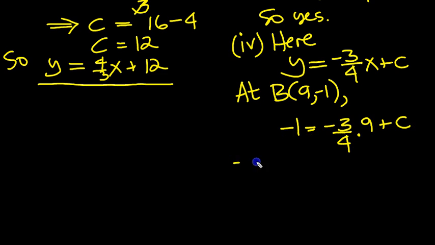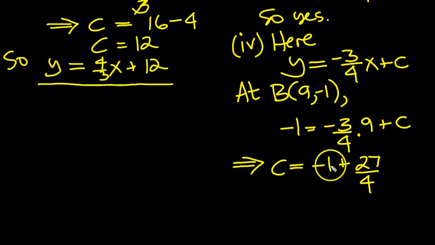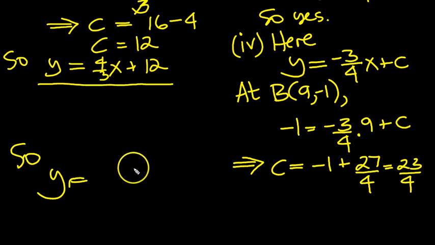So we get c equals minus 1 plus 27 over 4. So 27 over 4, take 4 over 4, is 23 over 4. So what have we got then? We've got y equals minus 3/4 x plus c, which is 23 over 4. That's the equation of the line.